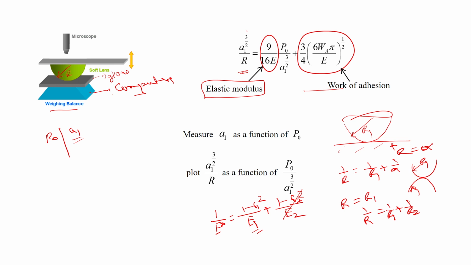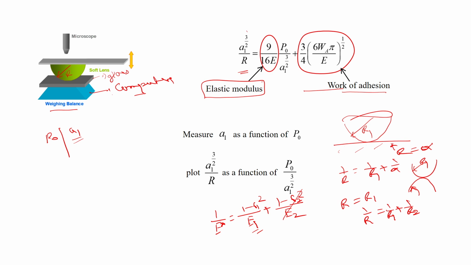That is the beauty of this particular contact mechanics, that by one measurement, P0 as a function of A1 or A1 as a function of P0, you get two kinds of information. One is about the Young's modulus or elastic modulus of this material, and the second is about the work of adhesion. That means what the interface is about, what the interfacial state is about, you get.